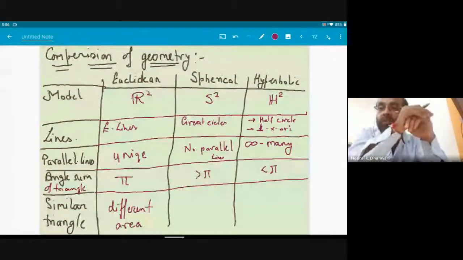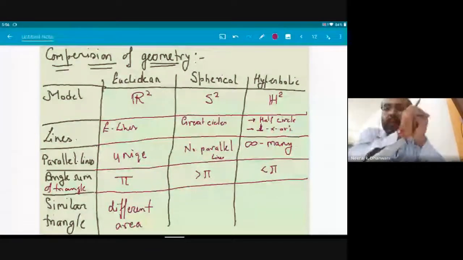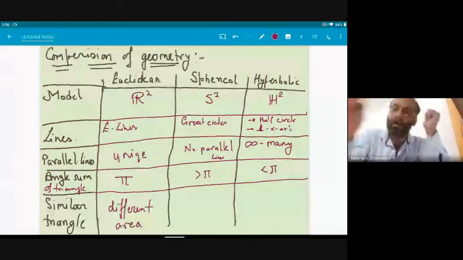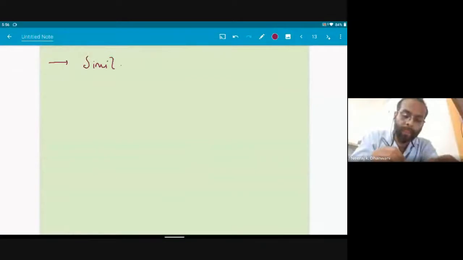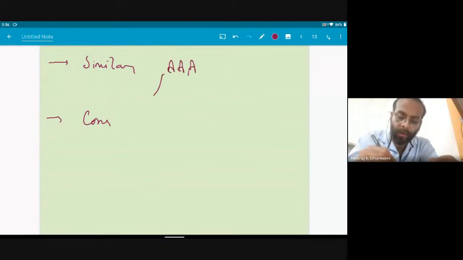This is also a point where these two geometries are very different from Euclidean geometry. Try to recall that in high school, when you were reading about similar triangles and congruent triangles, you had a property of AAA, but this property does not hold here.